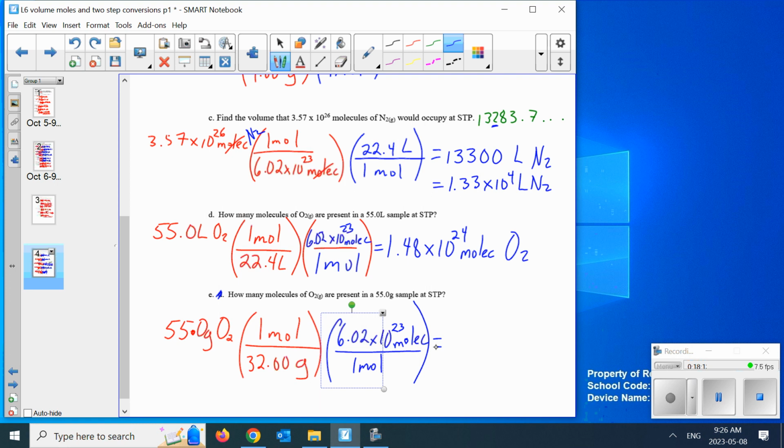And can do that. 55 divided by 32. 1.03. 3 digits, yeah. Times 10 to the 24. That is in molecules of oxygen. Okay. That ties everything up.